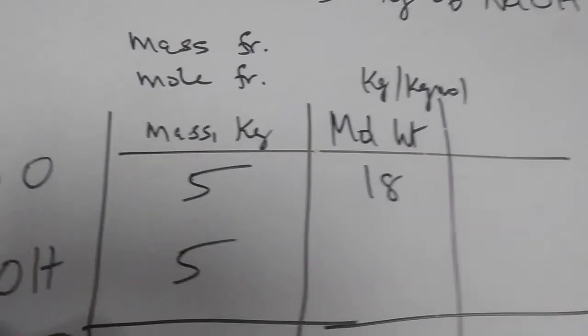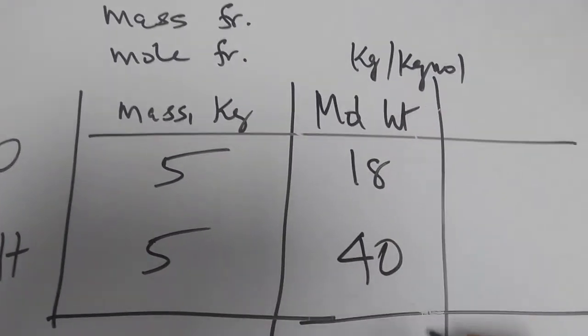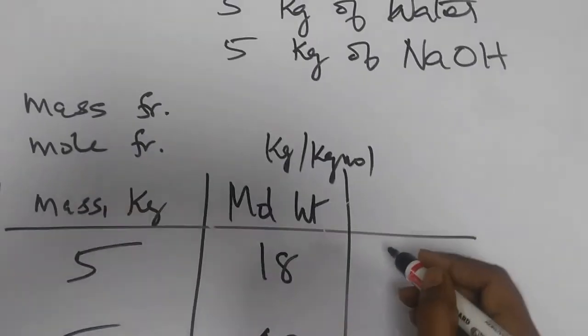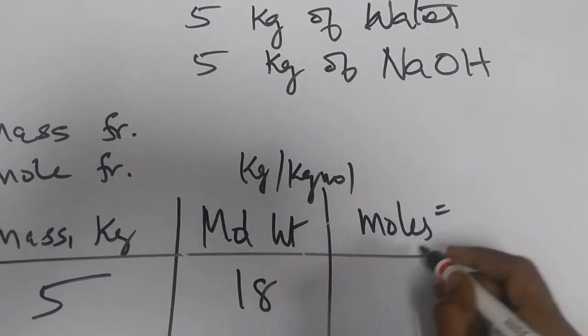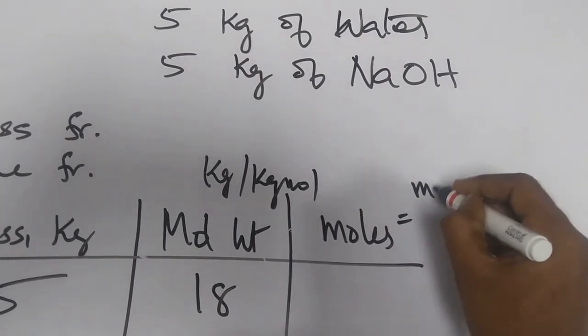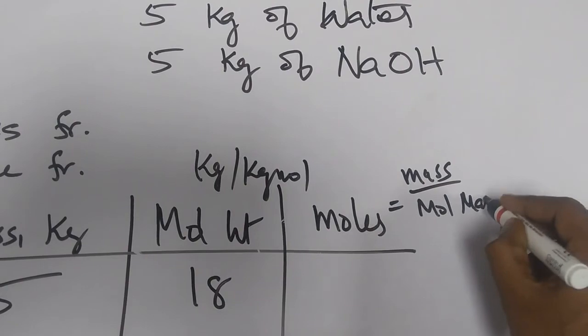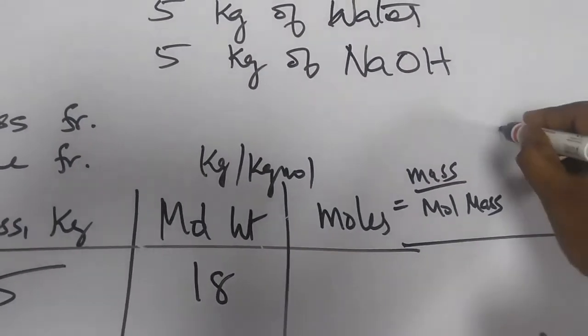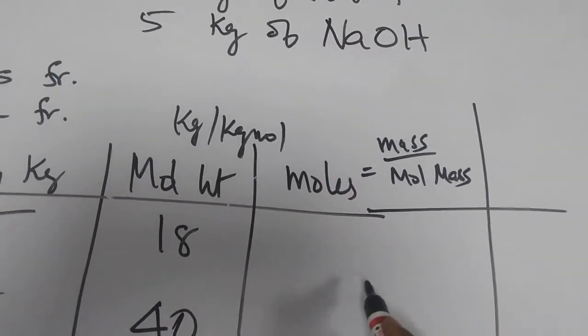For NaOH it is 40, right? So how to get the number of moles? You have seen the definition. Moles is equal to mass divided by molecular mass, right? Molecular weight or molecular mass are same. So when you do that, we get moles.